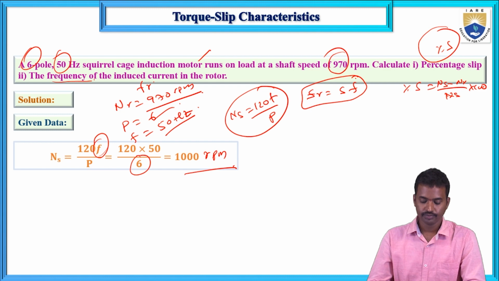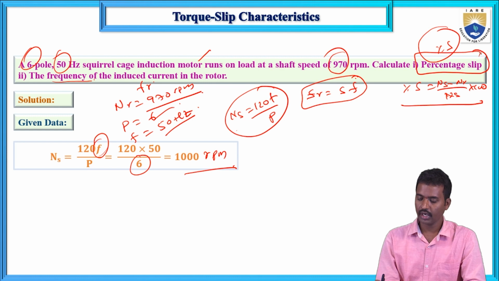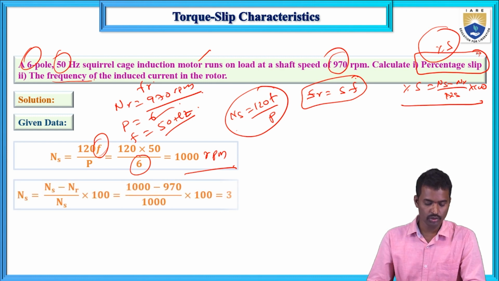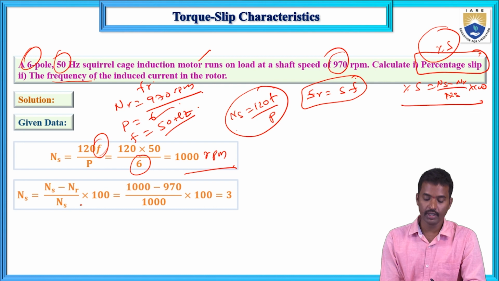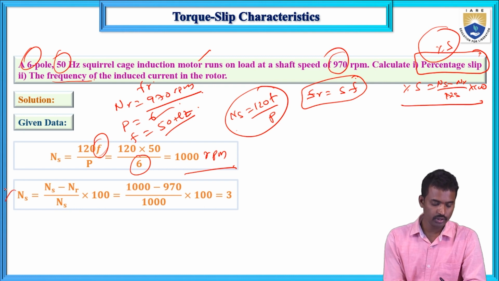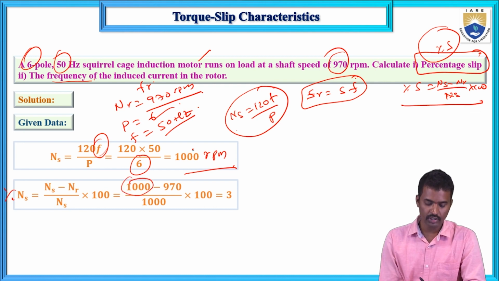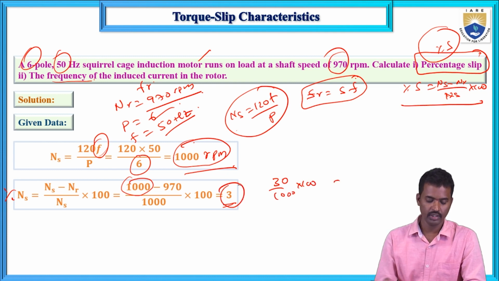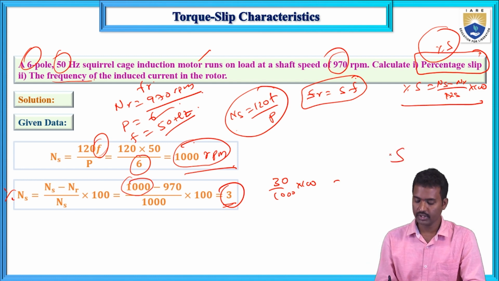So the synchronous speed is okay. Now calculate the percentage slip. Percentage slip equals NS minus NR divided by NS into 100. So 1000, calculated from here, minus 970, divided by 1000 into 100. That equals 30 by 1000 into 100, that equals 3. Percentage slip is 3%.